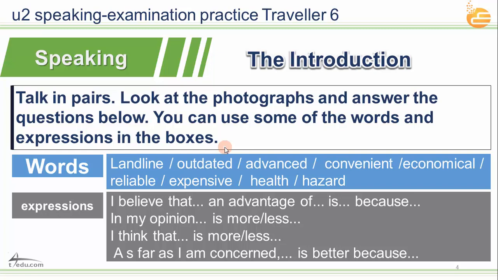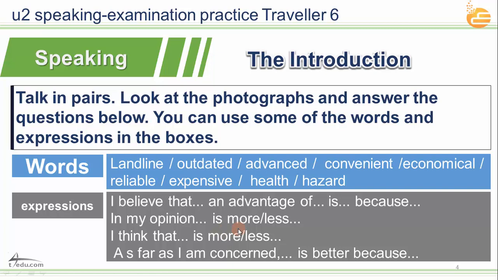And to help you, the teacher puts some expressions, like we put here in the boxes. We're going to use some words to talk about landline, outdated, advanced, convenient, economical, reliable, expensive, health, and hazard. You can start your sentences with expressions like, for example, "I believe that an advantage of this is because of 1, 2, 3."